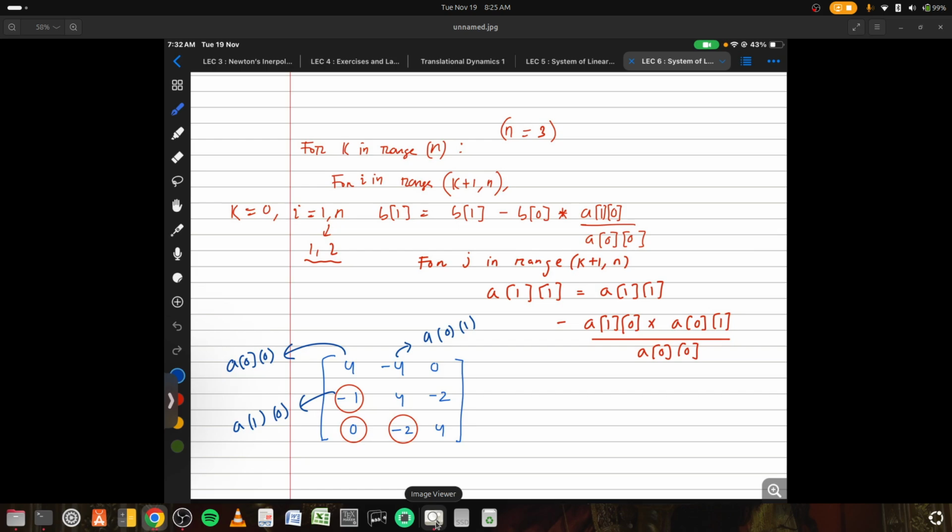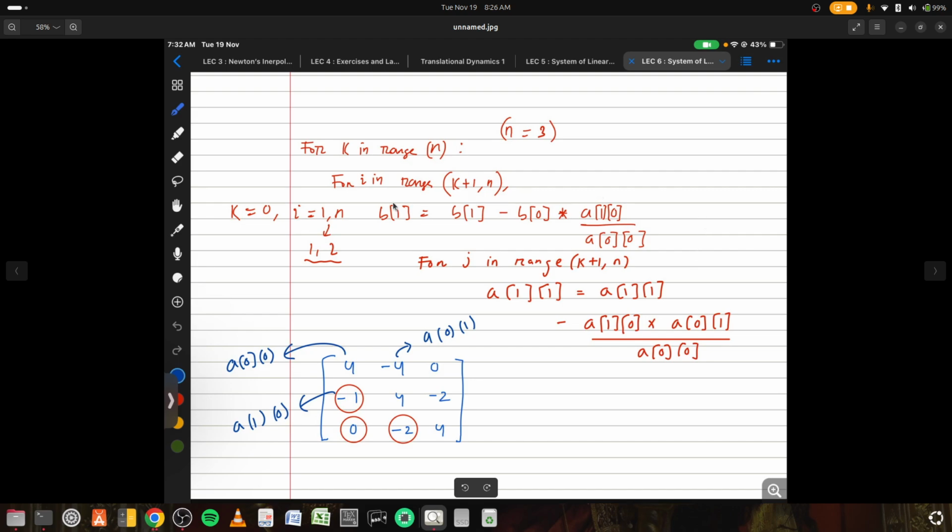So here you see, for k, suppose n is 3, we have 3 unknown variables, suppose x0, x1 and x2, right? For k in range n, for i in range k plus 1 to n, this bi value will be like this.